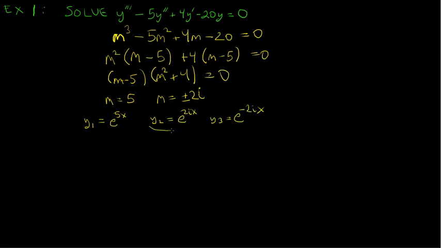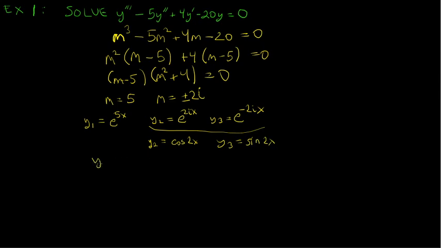But remember, we can convert these to sines and cosines. So this is really just cosine of 2x and sine of 2x.